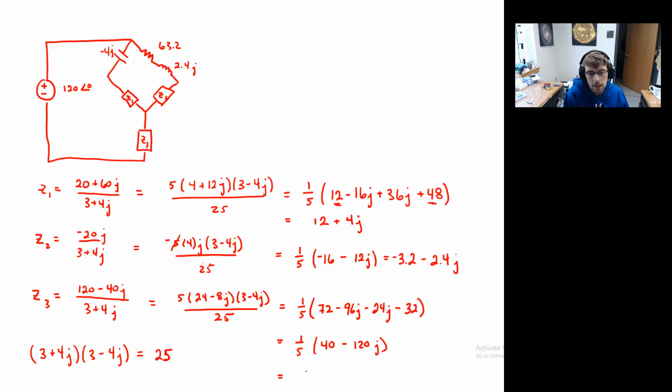So we get something like 8 minus 24j. So there we go. So we now have all 3 of our impedances written with the j's outside the denominator.